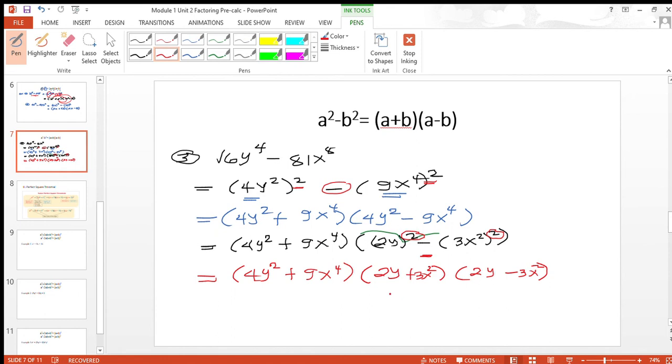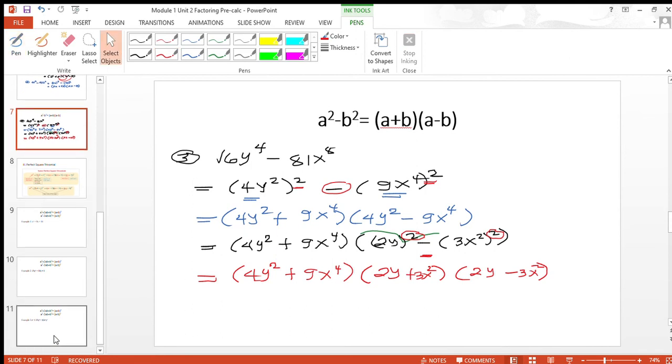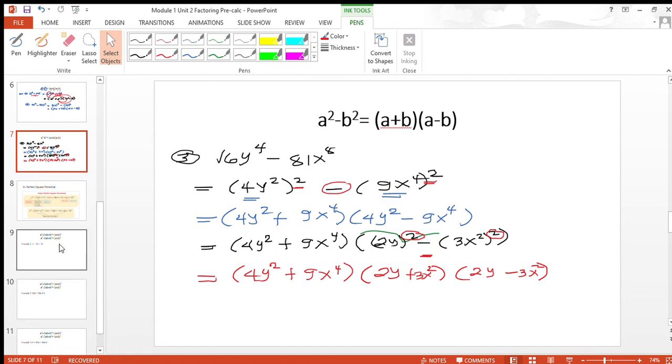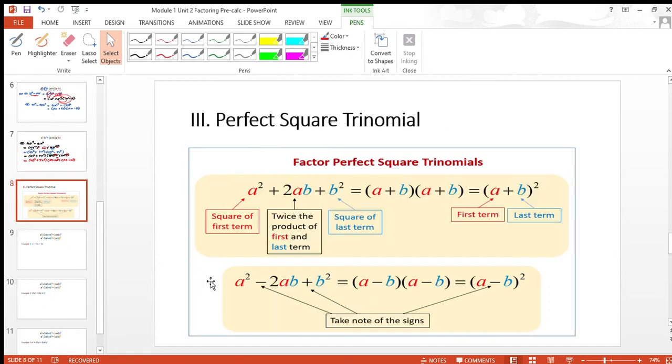So this is what I was mentioning earlier, that each time we factor a polynomial, it must always be in the simplest form. Each factor must not be factorable anymore. So we have the difference of two squares and the common monomial factor. So let's now proceed with the third.